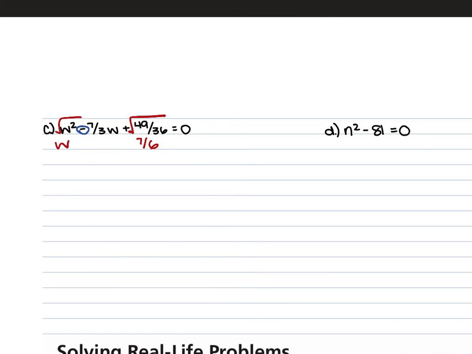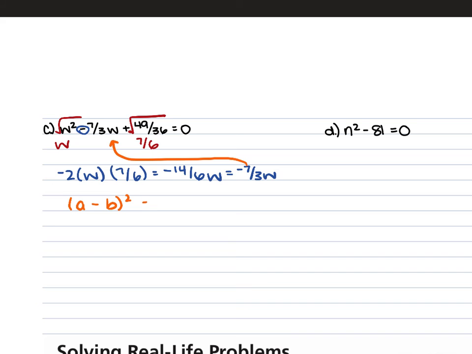The sign in the middle term is negative, so if we do negative 2 times w times 7 over 6, this gives us negative 14 over 6w, which is negative 7 over 3w. That is the same exact term as that middle term, so we are going to use that a minus b squared is equal to 0.